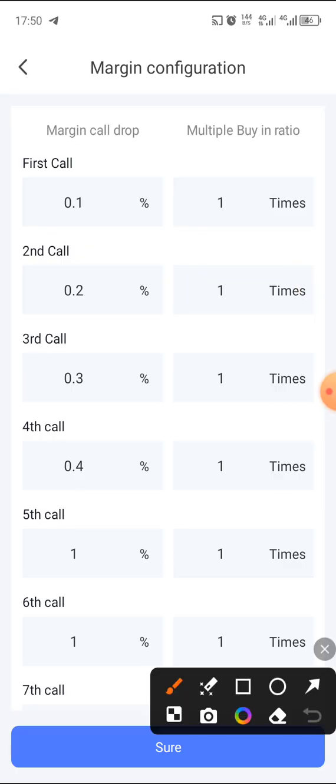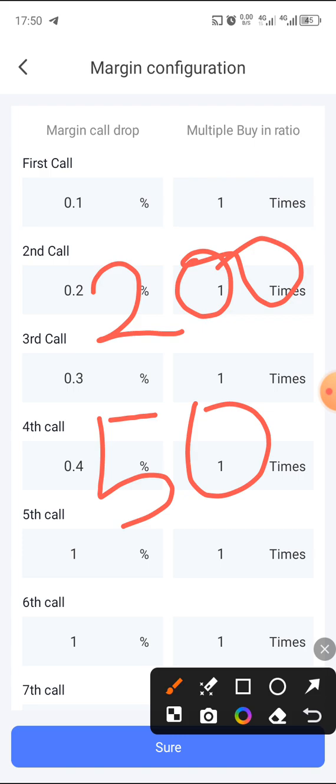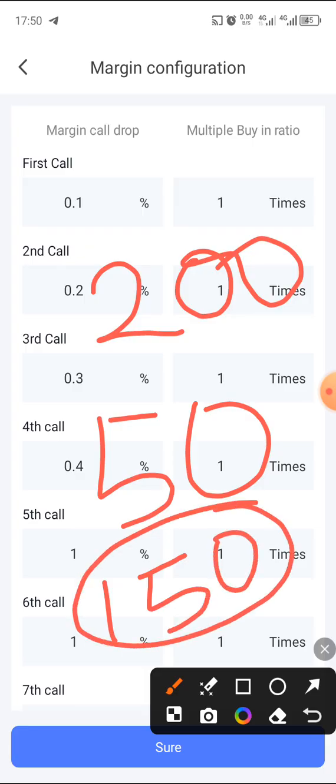First of all, if you have your 200, you can decide to make your first buy to be 50, leaving you with 150 for margin calls.